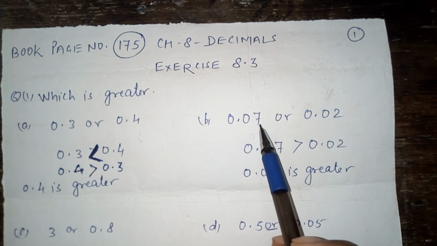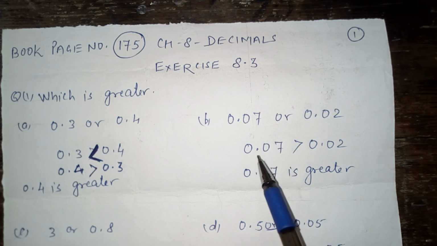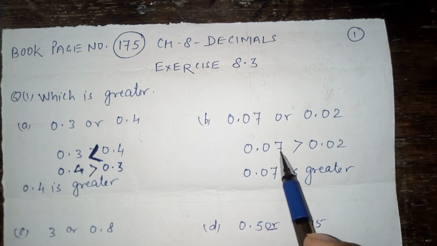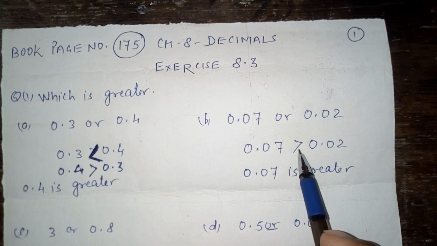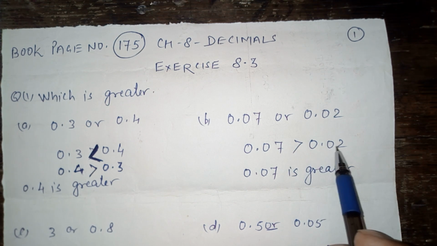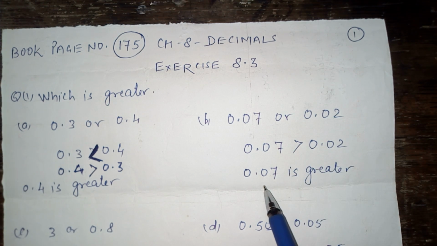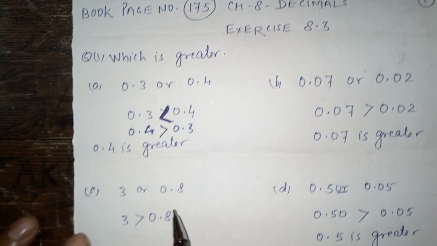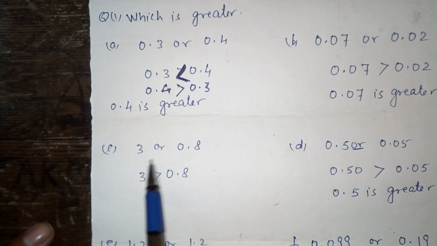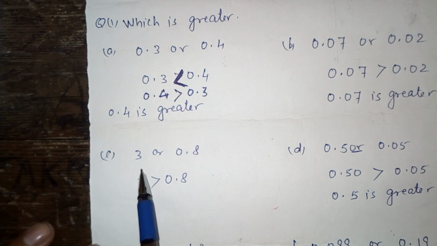You know very well 7 is greater. So 0.07 is greater than 0.02. Your required answer is 0.07 is greater.